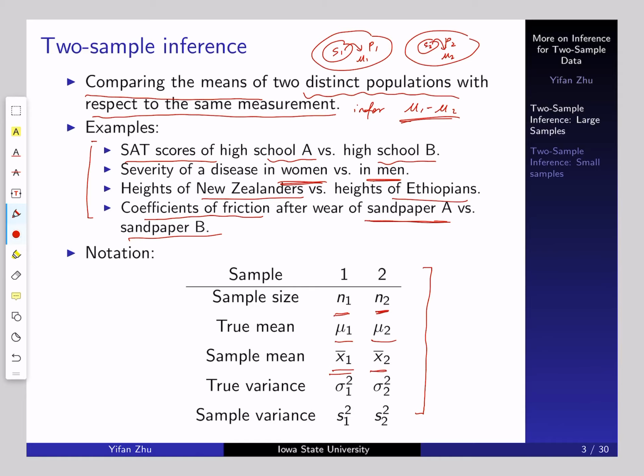These are the sample means, x1 bar and x2 bar. We use sigma 1 and sigma 2 to denote the true standard deviations. So sigma 1 squared and sigma 2 squared are the true variances. And S1 squared and S2 squared are the sample variances.